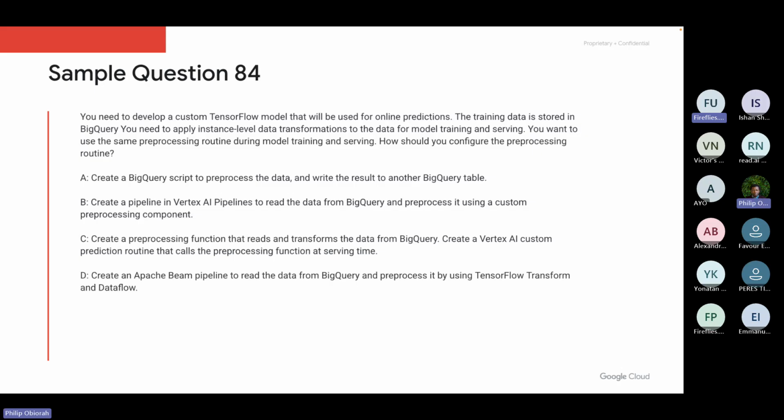You need to apply instance-level data transformation to the data for model training and serving. You want to use the same processing routine during the model training and serving. How should you configure the preprocessing routine? What do you think it is?